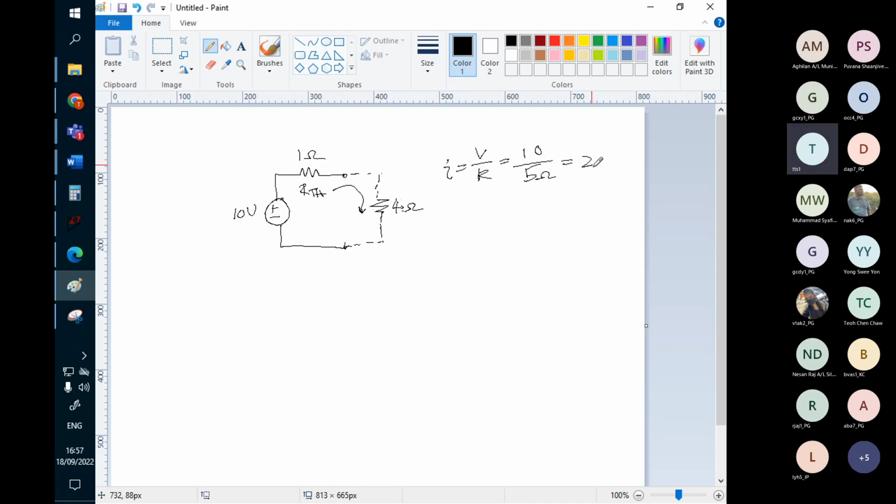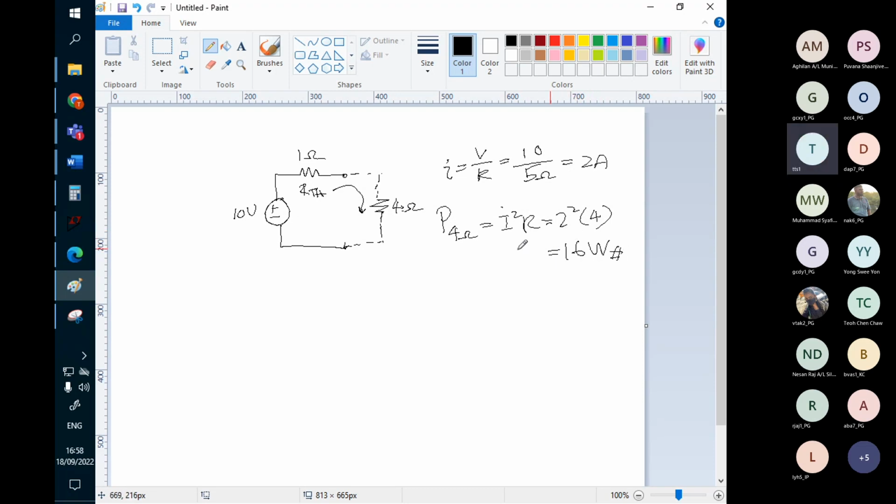So the current is 2 ampere. And then the power absorbed by this 4 ohm is I square R. That means 2 square and then times the 4. 4 times 4, 16 watt.